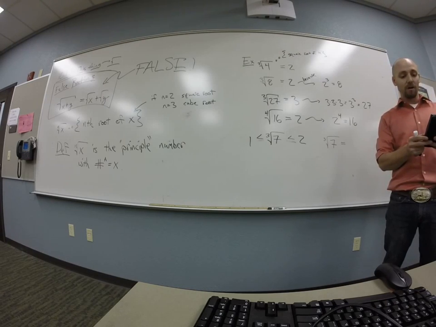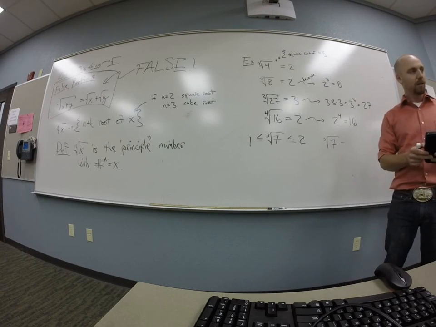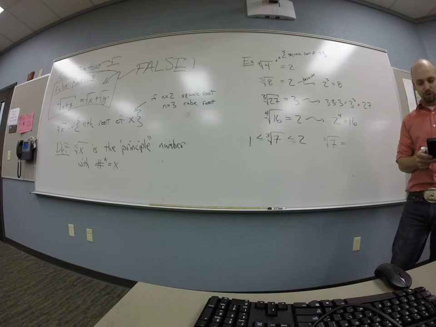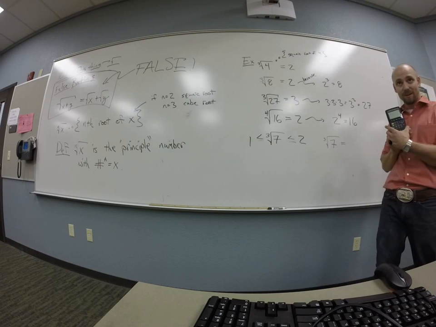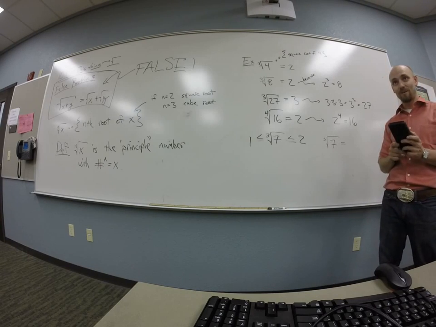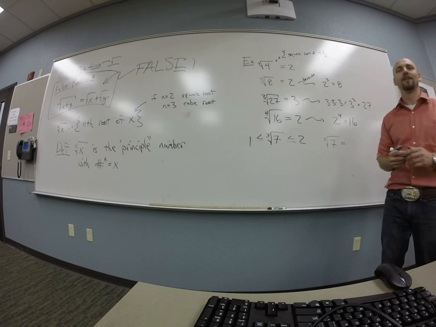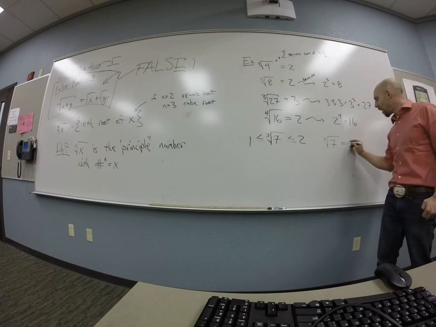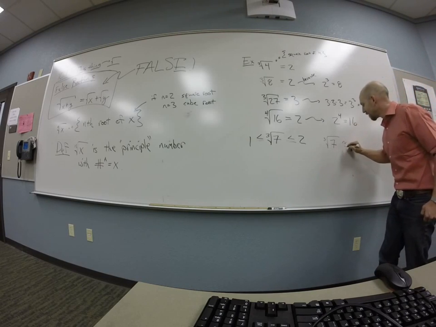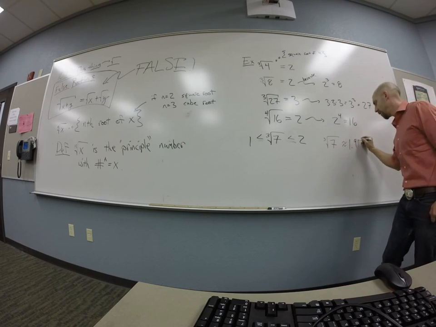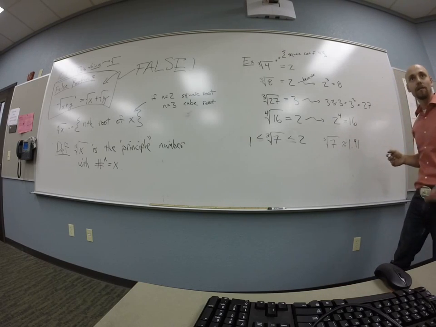Let's see, so we might remember that if I take 7 and I raise it to the 1/3 power on the calculator, that I get the cube root. You guys probably don't remember that, right? Okay, so I'm getting out of the calculator, the cube root of 7 is 1.91 and some stuff.